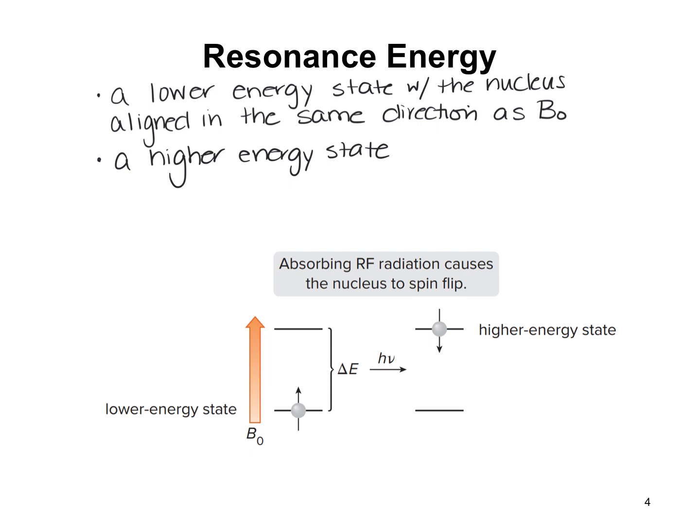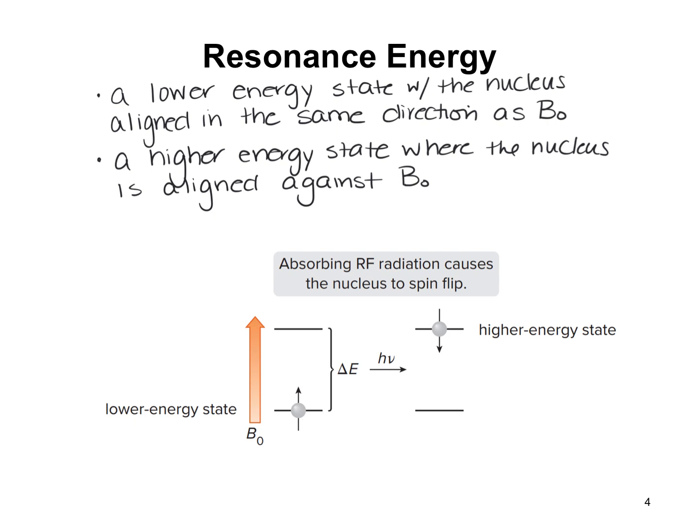And then you could have a higher energy state where the nucleus is aligned against that magnetic field, or B naught, right? So it's like swimming against the current.